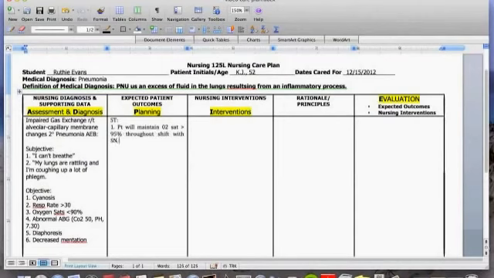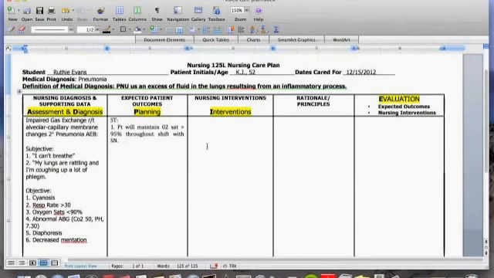Now all of these goals and outcomes need to be specific and measurable. So I can look at my O2 sats throughout the day, or on the telemonitor, and measure that by saying, is this greater than or less than 95%? So it's specific and it's measurable.